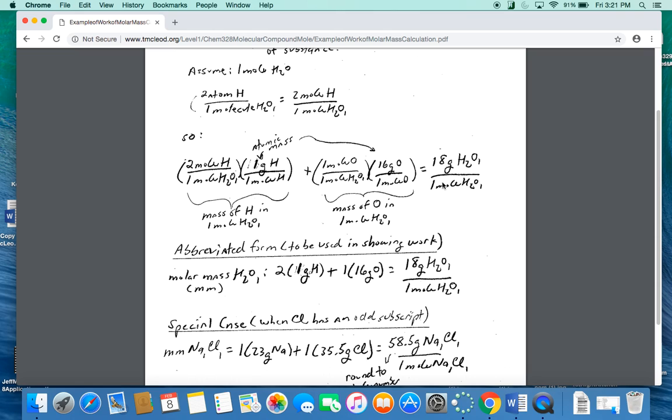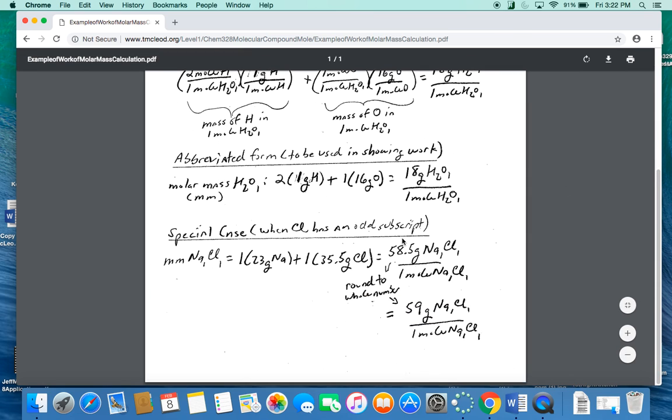Now, as you know, in first year level, everything is rounded. All the atomic masses are rounded to the whole number except chlorine. So there's a special case when you're dealing with chlorine with odd subscripts.